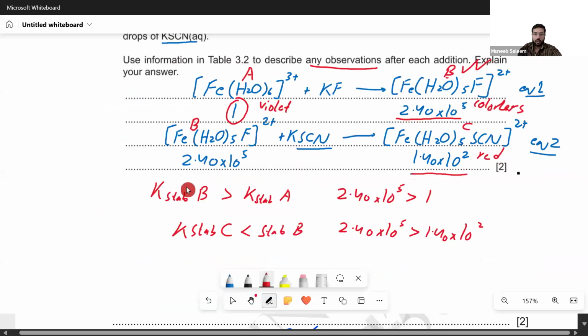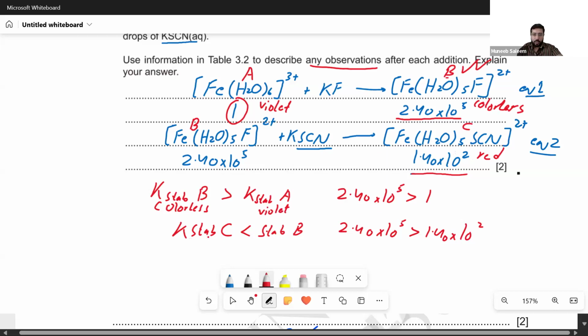So this is red. What we observed here is that when we added the KF, then complex B was produced, which was colorless. The colorless complex was produced from complex A, which was initially violet, and when we added the KCN into it, complex C was not produced because its value was smaller.